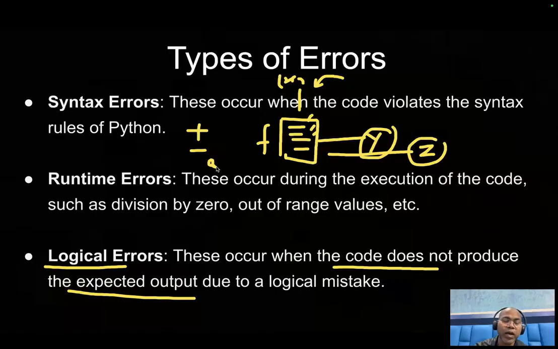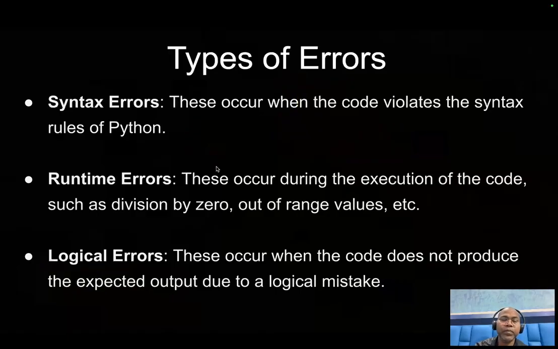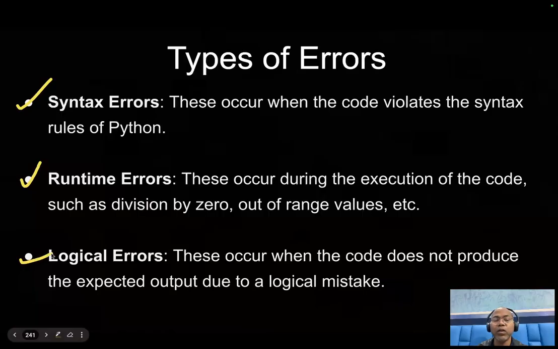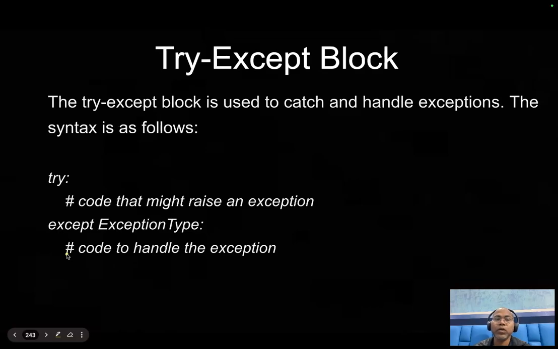So at a high level, errors can be categorized as syntactical error, runtime error, and logical error. But Python supports all other kinds of errors as well. These are the basics of Python error handling.